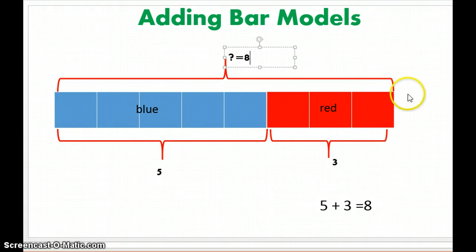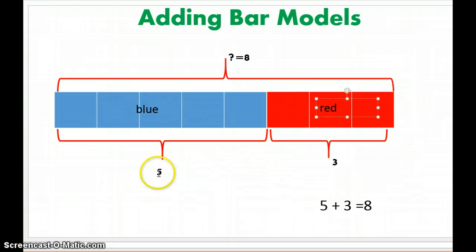And within the bar model, you need to label each part. For example, this is blue, this is red, and then you also need to label what each bar represents. For example, this bar represented 5, and this bar represented 3. And then this whole bar represented our question mark, which was our total.